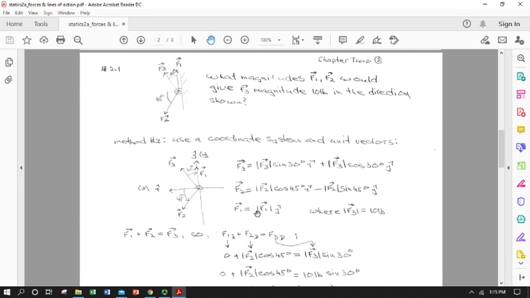F1 only has a y component. It only has a j hat component. It's pointing straight up, so it has 0% of itself in the horizontal, so it's all vertical. And we know that the magnitude of F3 is 10 pounds.